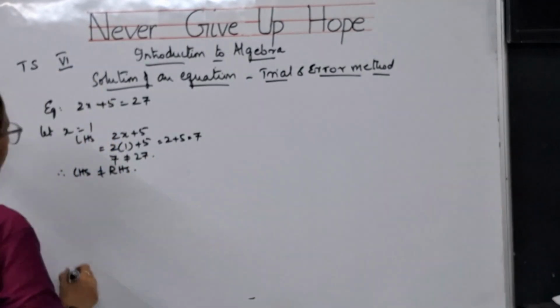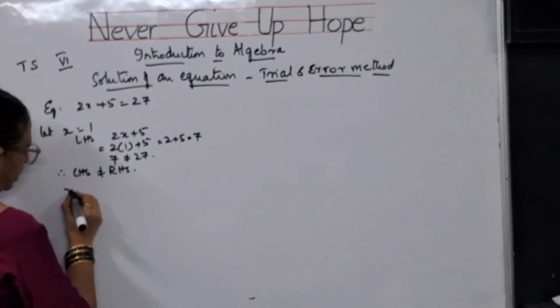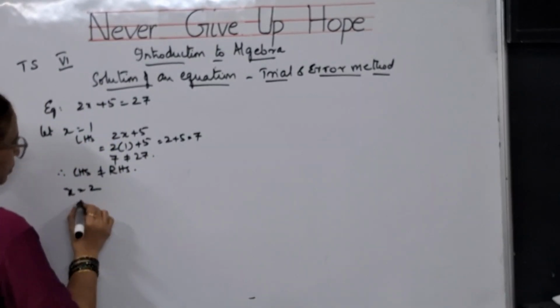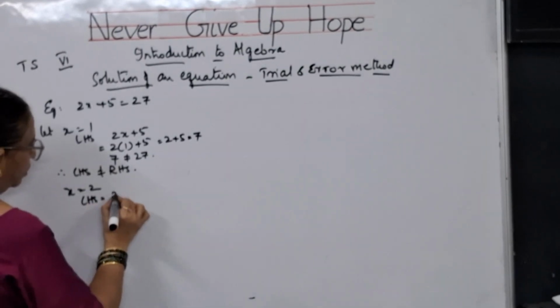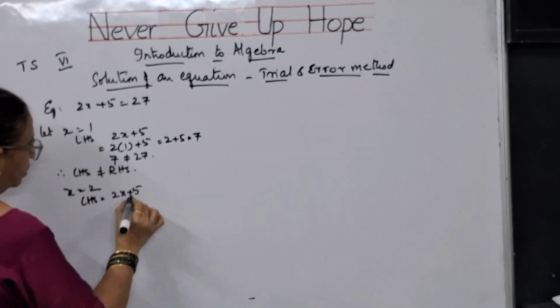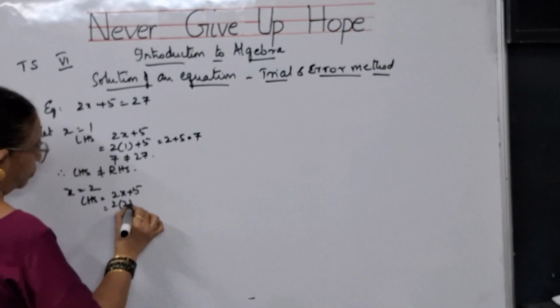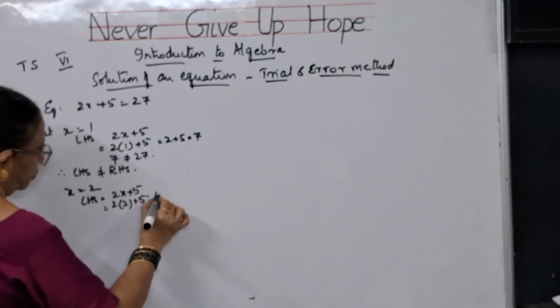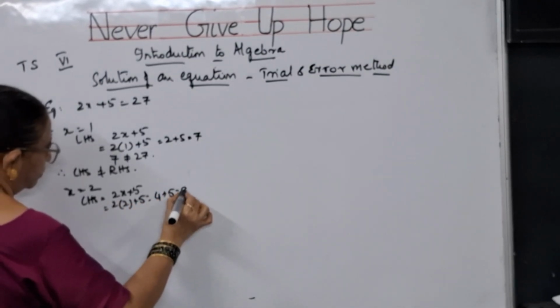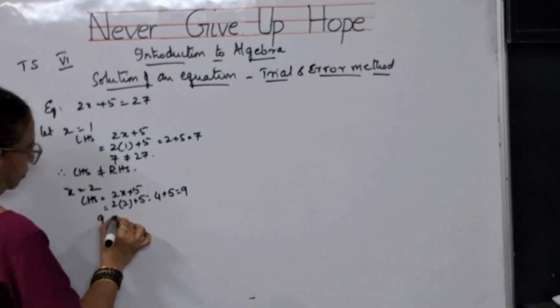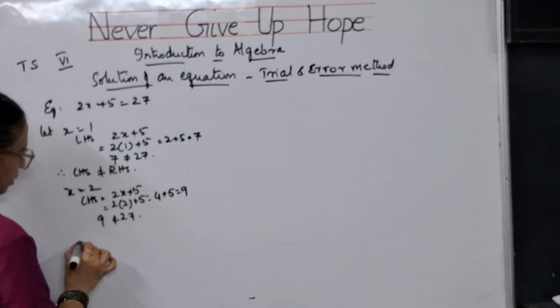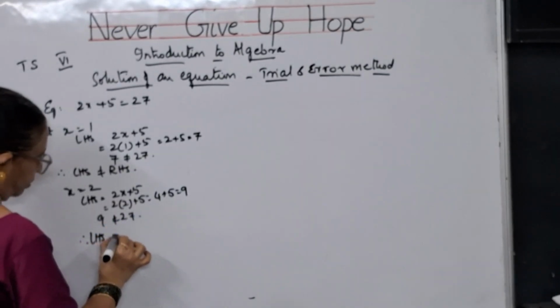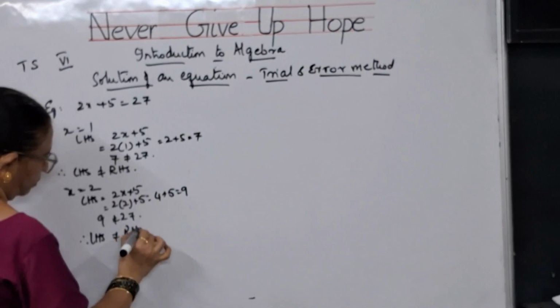So, first one is not accepted. Next, x is equal to 2. LHS is 2x plus 5, that means 2 into 2 plus 5. 2 fours are 4 plus 5, that is 9. 9 is not equal to 27. Therefore, LHS is not equal to RHS.